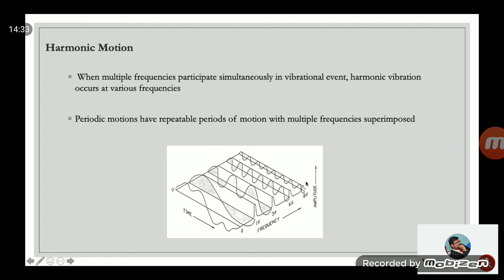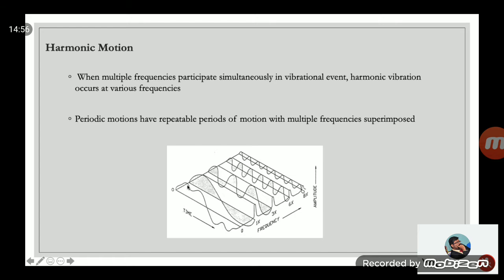In general, the vibration you measure on a component is a combination of all harmonic components. So the resultant vibration signature is this.